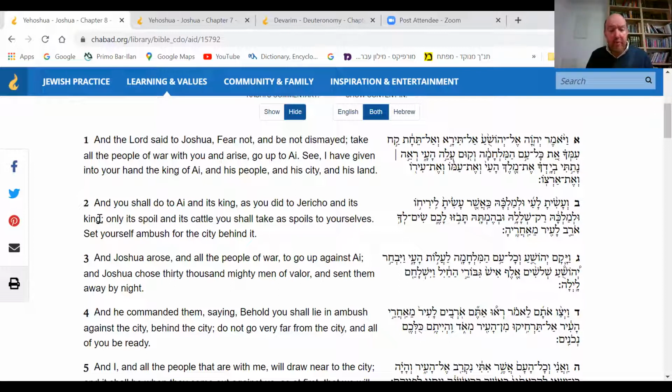What's interesting is the end of the verse, God also doesn't only give a promise, but he also gives an instruction about how to conquer the land. And in this instance, it's very short in the instructions to Joshua: set yourself ambush for the city behind it. In other words, there's an instruction to conquer via the use of an ambush. Okay, so here we have the instructions.